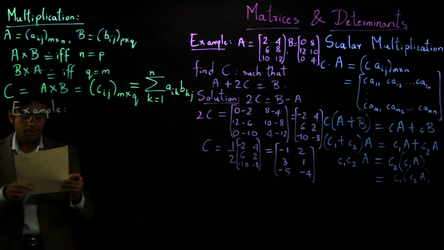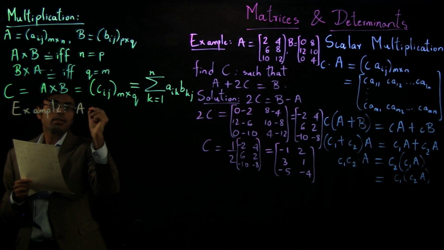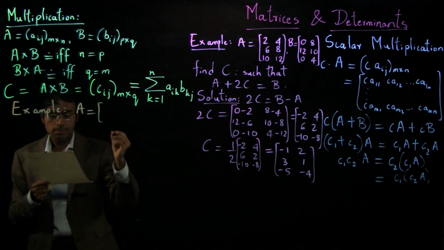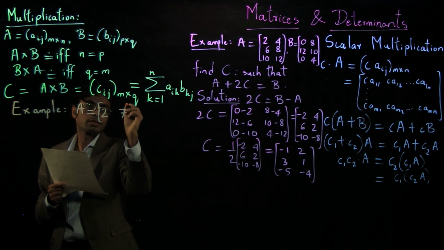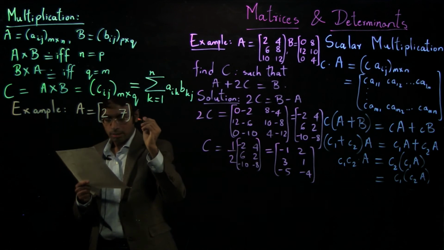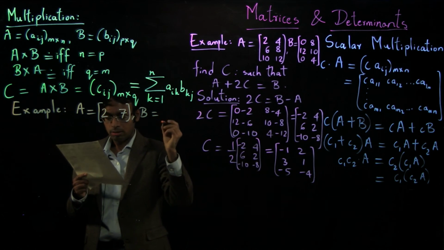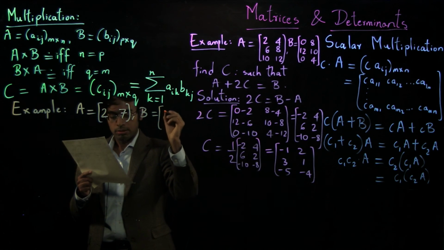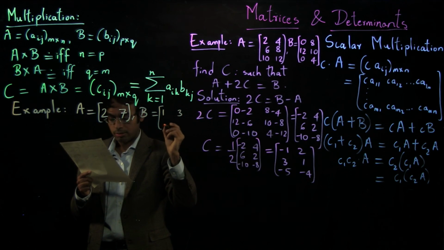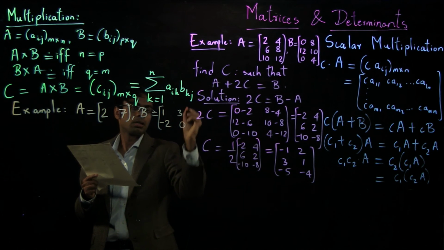So let's say you have a matrix A. It's a simple matrix with only one row, 2 and 7. And then you have a second matrix B, which is a 2 by 2 matrix, 1, 3, minus 2, 0.